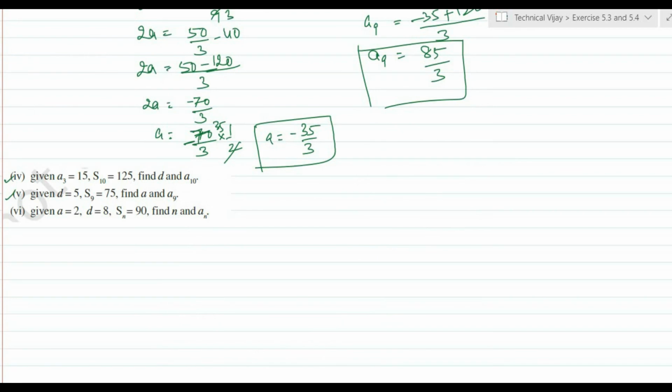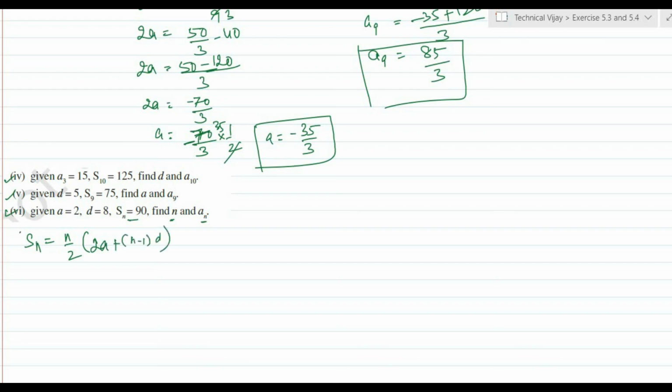So here, the 6th portion we will see: a is equal to 2, d is equal to 8 and Sn is equal to 90. So here we have to find n and an. We don't know the number of terms. So first, Sn is equal to n divided by 2 into 2a plus (n minus 1) into d.